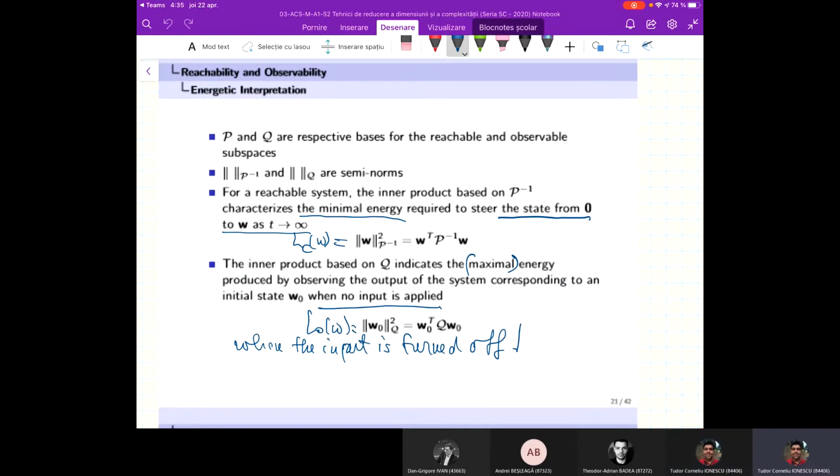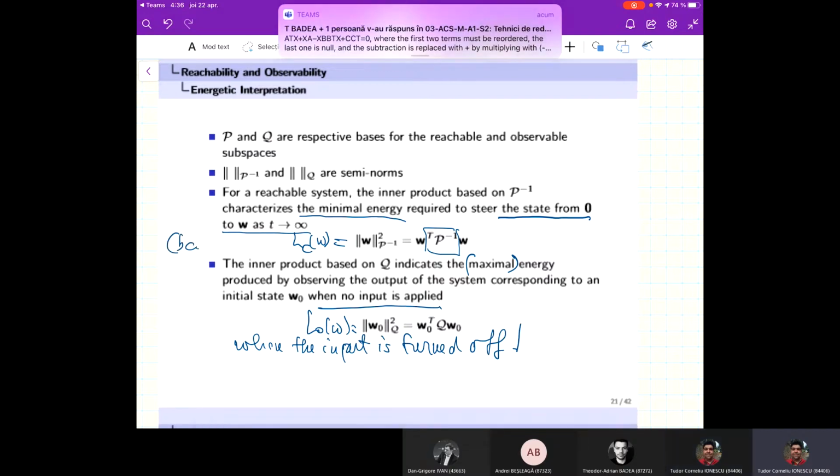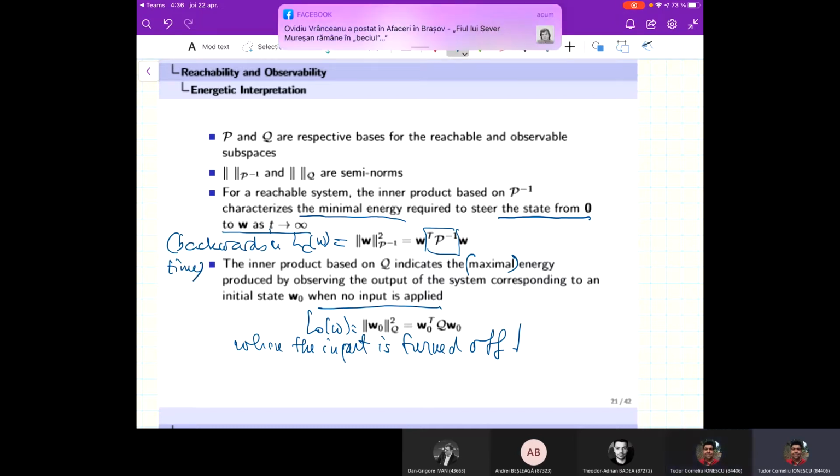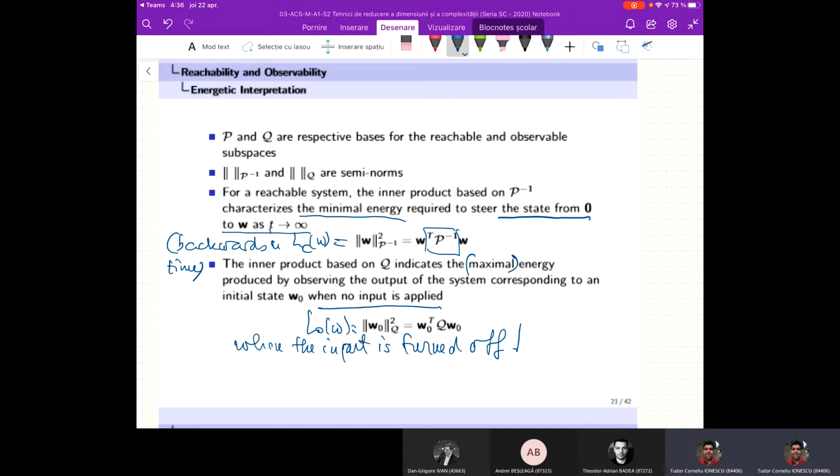And here it is. For those of you who asked about the Riccati equation, this is where the Riccati equation comes from: P inverse. So the minimal effort or energy required to steer the state from -infinity to x0, backwards in time, is given by this specific formula.